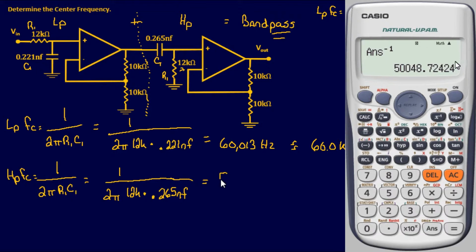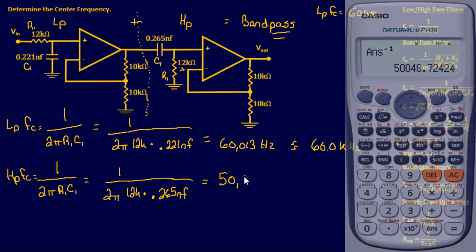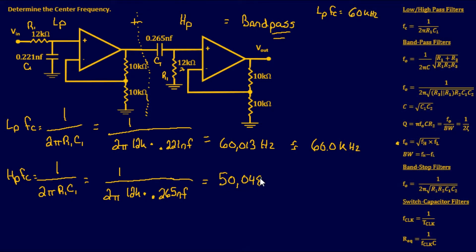And that's going to give me approximately 50,048 hertz, which we can equate to about 50 kilohertz. So I just found our high-pass filter cutoff frequency, and I'll put that up here. High-pass filter cutoff, 50 kilohertz.